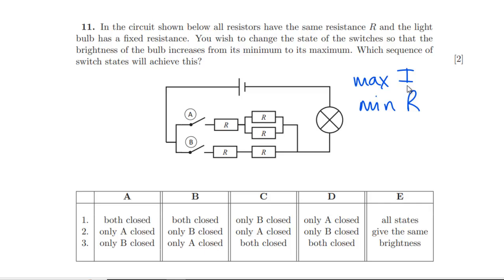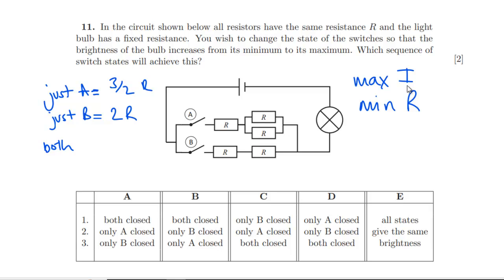So if we had just A, we'd have a resistance of 1.5. If it was just B, then we'd have a resistance of 2. If it was both, we'd then have to add those up.